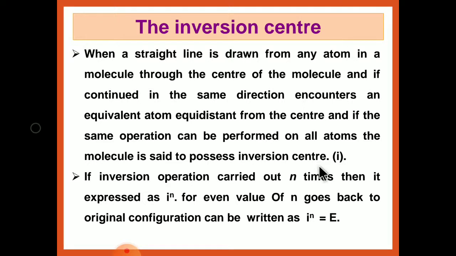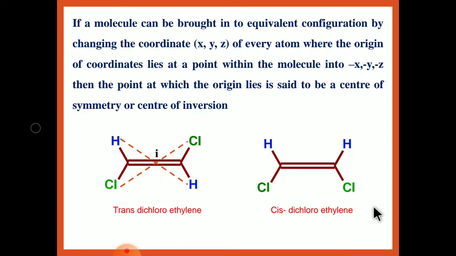In the next slide, if the inversion operation is carried out n times, then it is expressed as i to the power n. For even values of n, it goes back to the original configuration, which can be written as i^n = E. So here is the example.